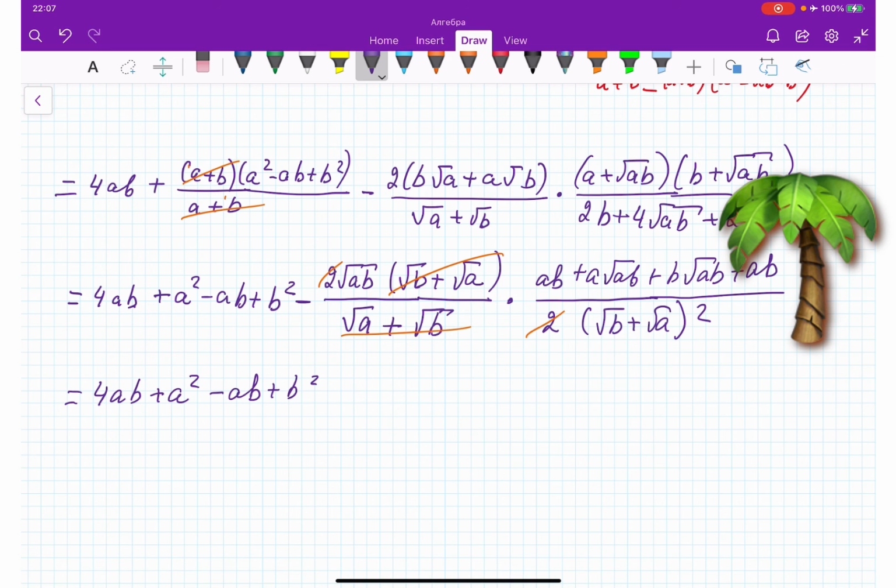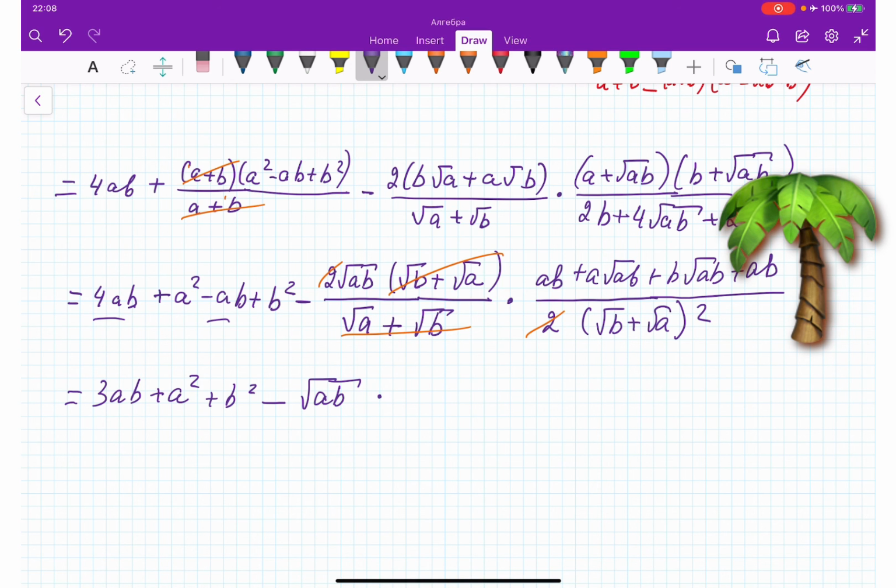Actually, these 2 are like terms. Let me put here 3ab and get over it, not to deal with it anymore. Okay. Next, minus, I have here square root ab left, right?